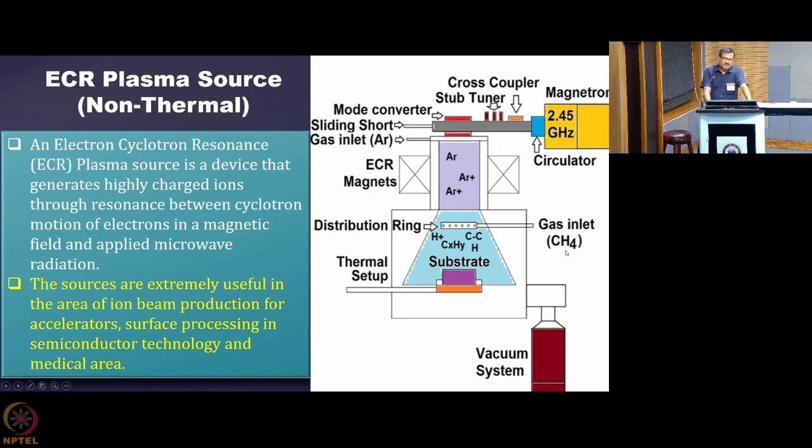For example, here some CH4 is inserted, and these are the ports through which the CH4 comes out. They get ionized, and they form different combinations like CxHy or C or H plus kind of thing, and they start depositing on the surface. So, there are various kinds of applications where you can use this kind of device.